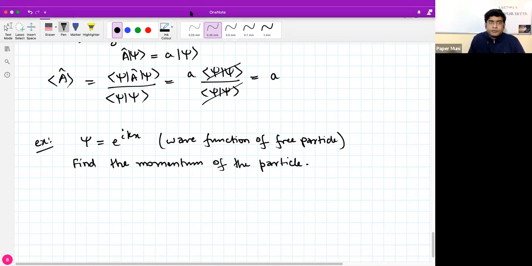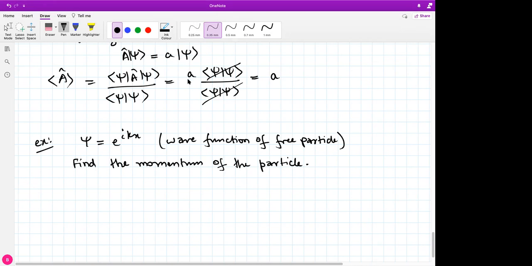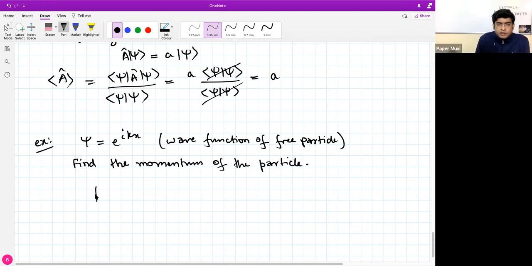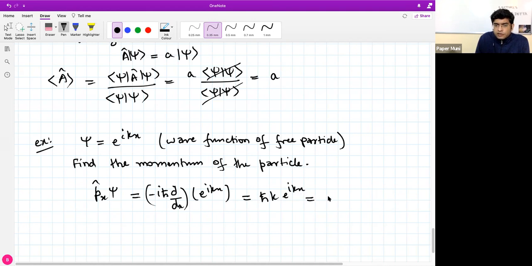How will you do it? We have to apply the momentum operator on psi. So you have px operating on psi, which is minus i h cut times the derivative with respect to x, on psi, which is e to the power i kx. When you apply this, you'll get i, and i times i becomes -1, and then there is the minus sign, so this is +1, and we'll be left with h cut k e to the power i kx, which is equal to h cut k psi.